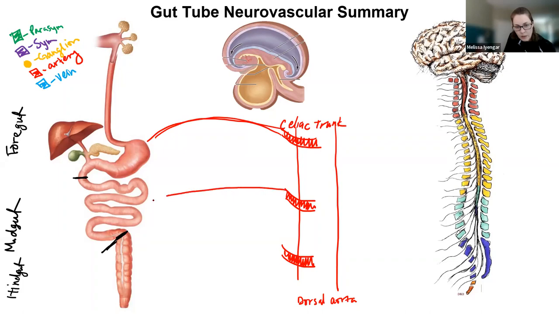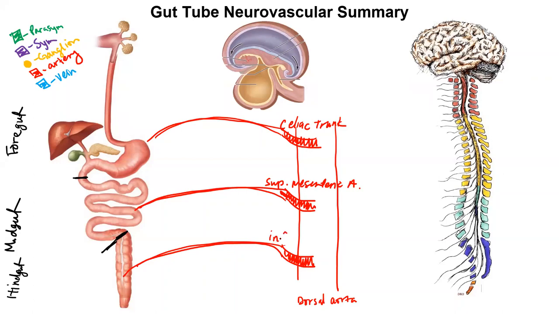And what about here to our midgut? Superior mesenteric. You guys are correct. Superior mesenteric artery, like that. And then this one that goes to our hindgut is the inferior mesenteric artery.